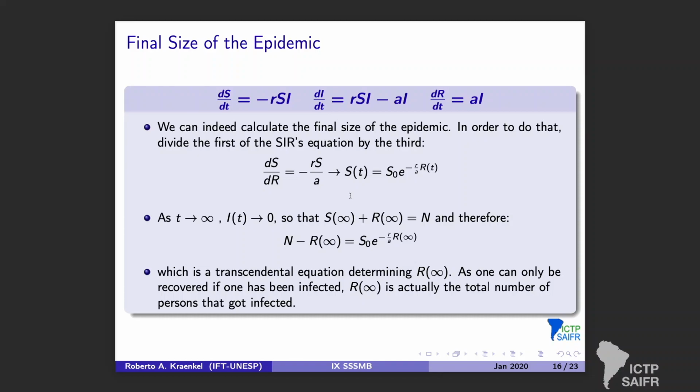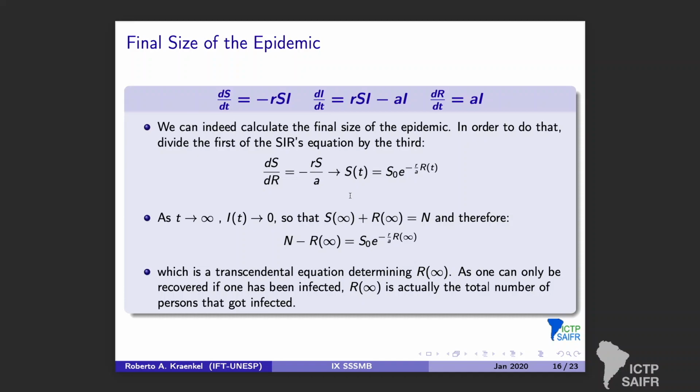Okay? And this is dS/dR. We can cancel the dt's. And dS/dR will be minus r over a times s. Okay?